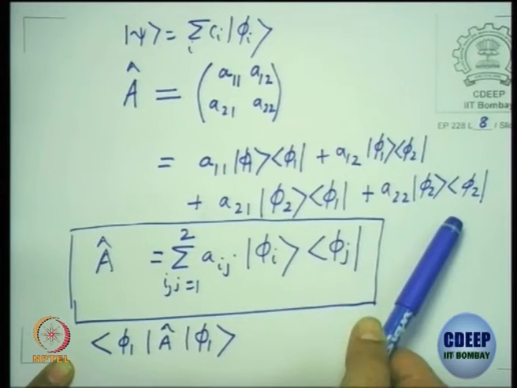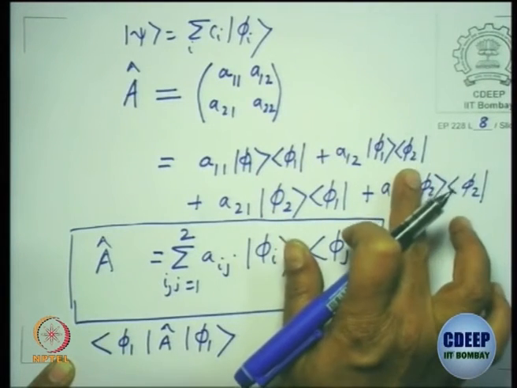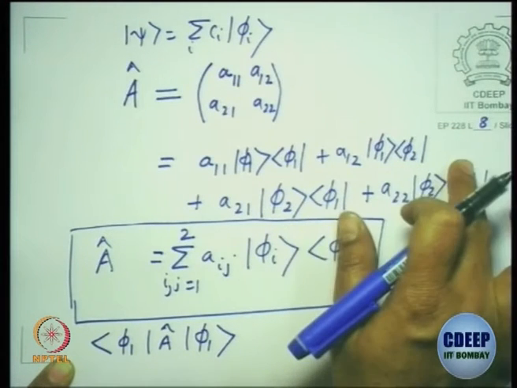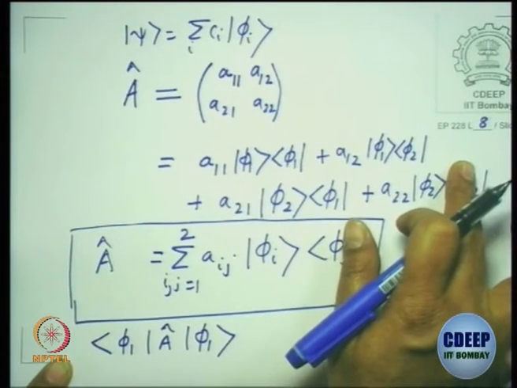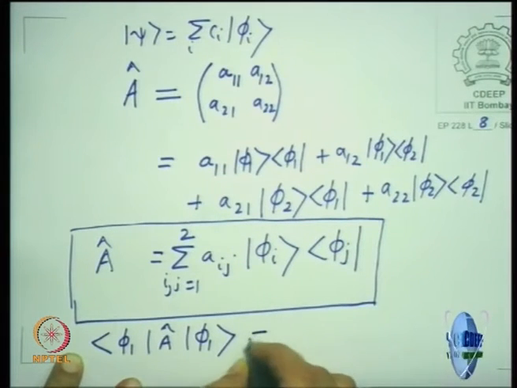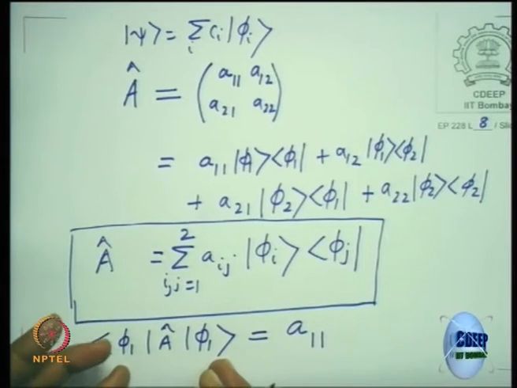If I put the ket phi 1 after that, it will operate on this state, and what happens to this term? Phi 1 will be 0. So, what do we get from here? The only non-zero element will turn out to be A11.